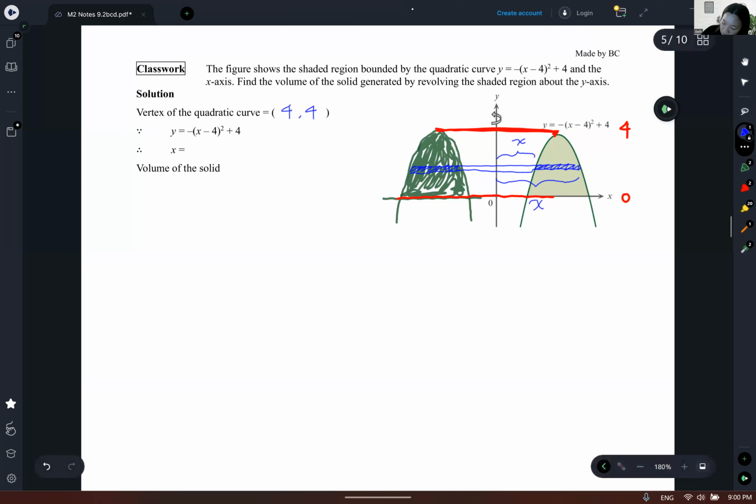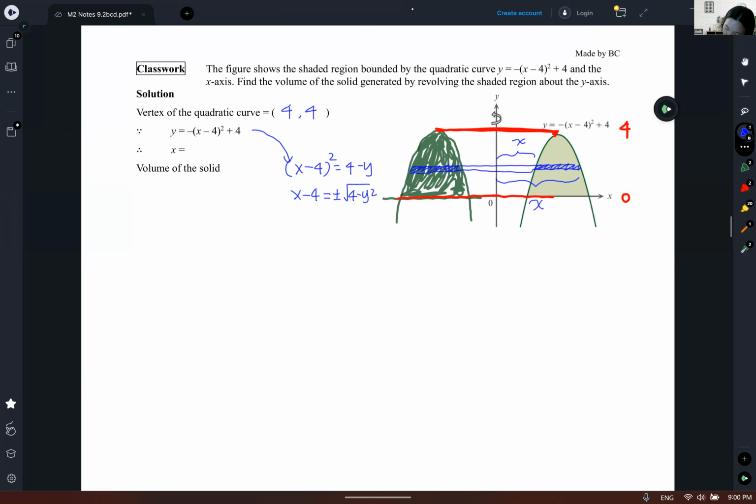So from this, slowly you will know that x minus 4 whole squared is equal to 4 minus y. So that's why x minus 4 is equal to plus or minus root 4 minus y.